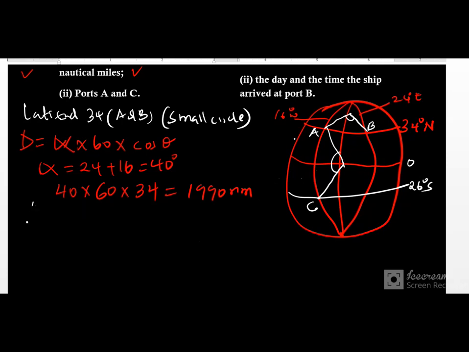Now, A and C are on a great circle. And how do you calculate the distance on a great circle? The distance on a great circle in nautical miles is simply theta times 60. Our theta here is the angle difference.